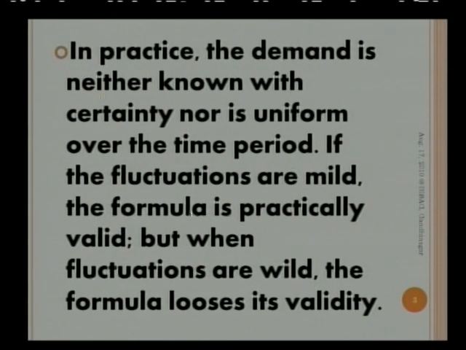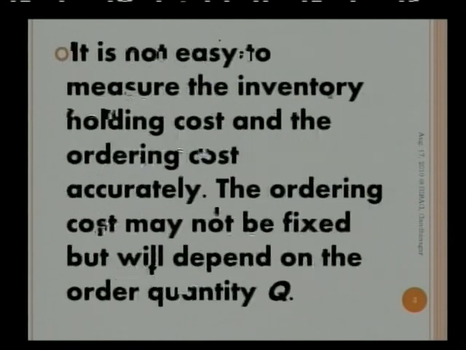For example, in a week, on Monday it may be 10 units, on Sunday it may be 100 units. So it is neither constant nor uniform. If the fluctuations are mild, say from 10 to 12, 12 to 14, the formula is practically valid. But when fluctuations are wild, that is, large enough, the formula loses its validity.